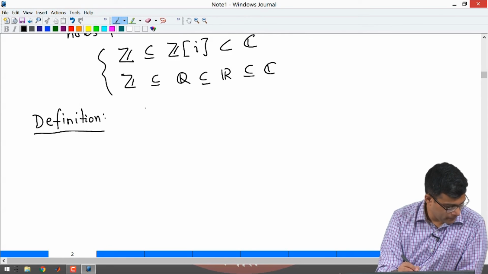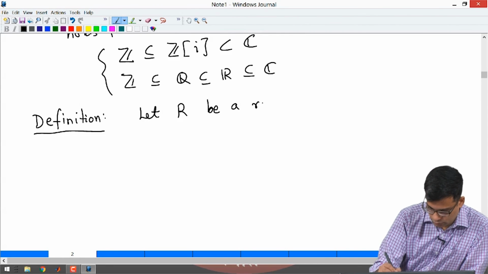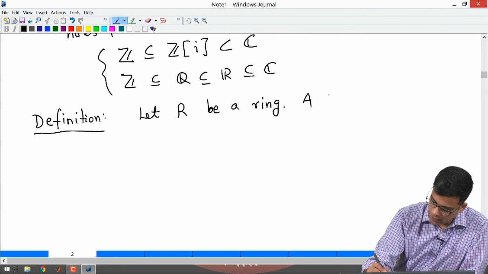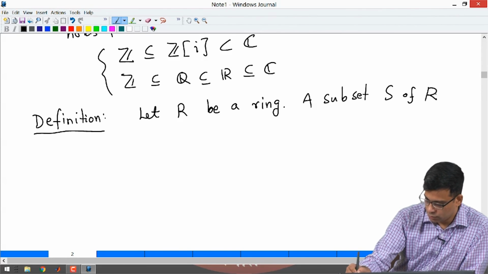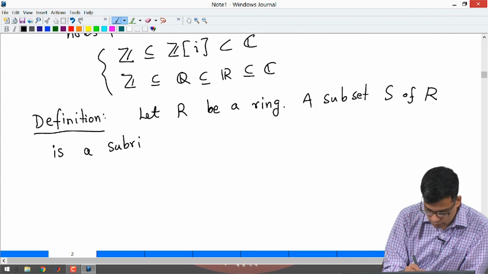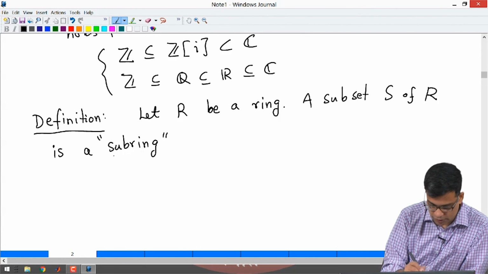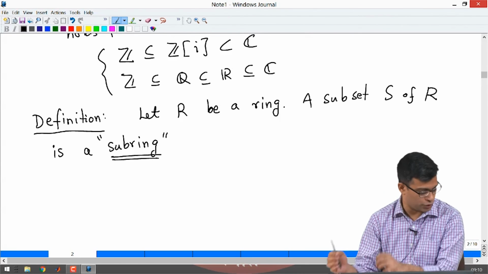Similarly, let R be a ring. A subset S of R is a subring. It is a sub-object, just like subgroups are sub-objects of groups.